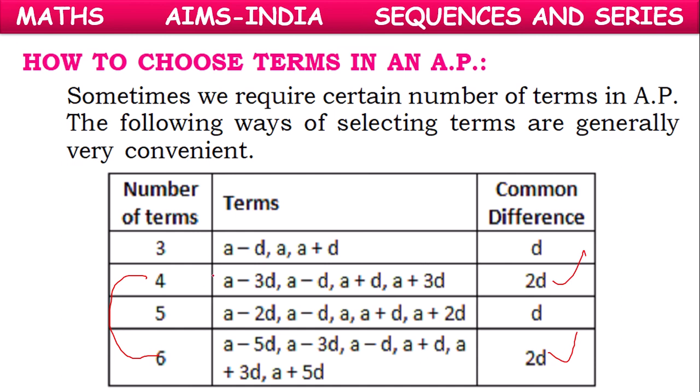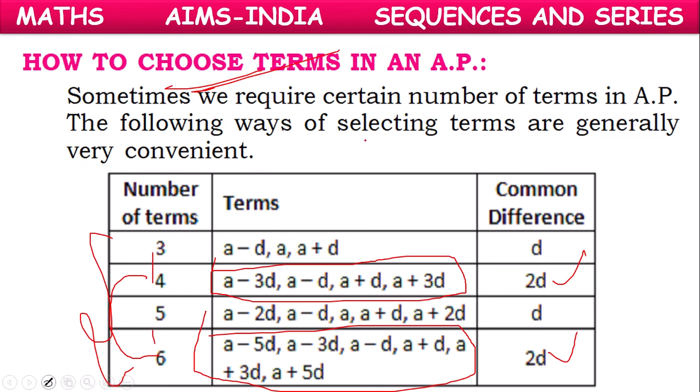There will be no A term present in the terms. Common difference will be 2D. Like this, we have to choose the terms based on the number of terms while solving problems, so that it will be convenient for calculating the values.